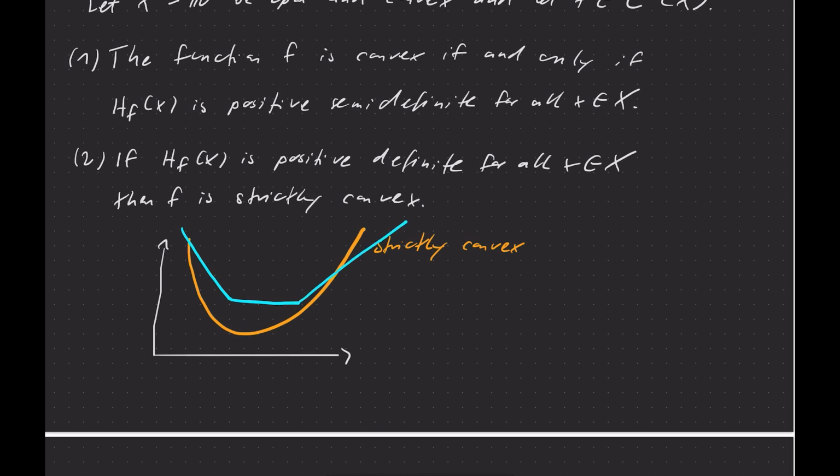So that is convex but not strictly convex, because here, if you take these 2 points, for example, then the line between those two is exactly equal to the graph. It's not strictly above the graph, it's exactly equal to the graph.